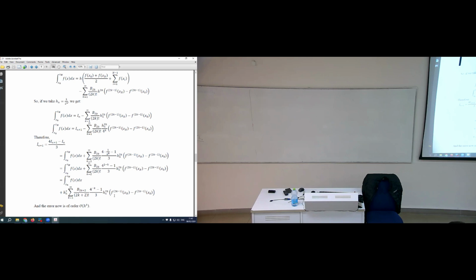Squared, which is 16, because it's hn to the fourth and hn plus 1 is hn over 2. So take this to the fourth: it is hn to the fourth divided by 16. So if we take 16 of this minus that, divided by 15, we will get a better approximation.